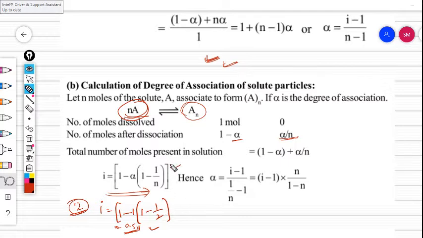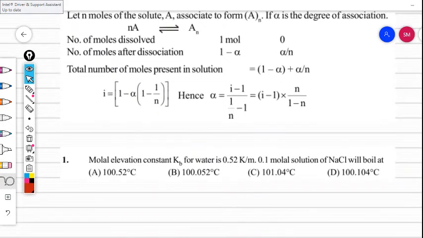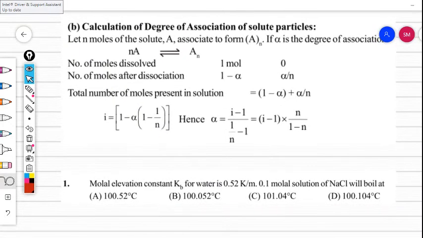This may be asked directly as a formula type question. So this is the theory of colligative properties. Last, we will apply the van 't Hoff factor concept to this question. The molal elevation constant Kb for water is 0.52 and the molality is 0.1.